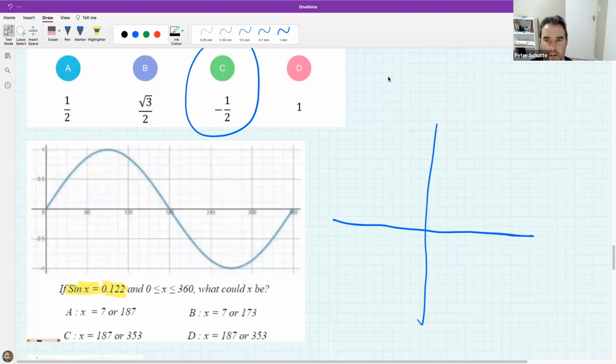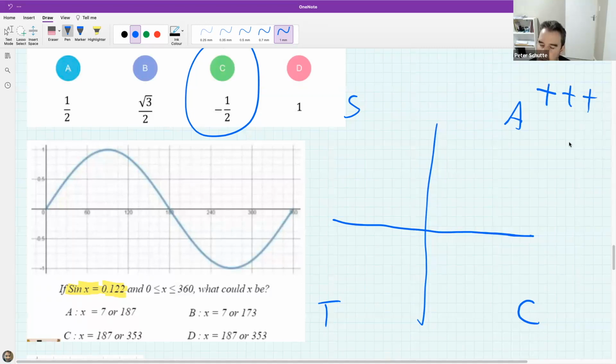Okay, so basically, the CAST diagram is an acronym of cos, all, sine, and tan. We use it to solve co-ratios. In the first quadrant, in quadrant A, all of the ratios are positive.